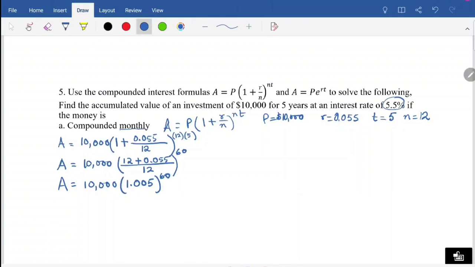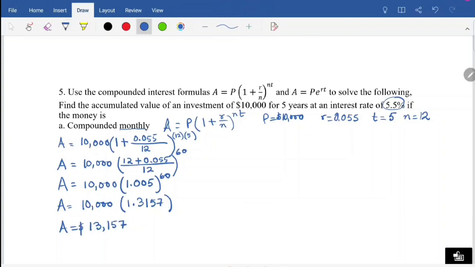And then in the next step, we will get 10,000, and then 1.005 raised to the power 60 calculates to 1.3157. All right, and then 1.3157 multiplied by 10,000 would be $13,157.